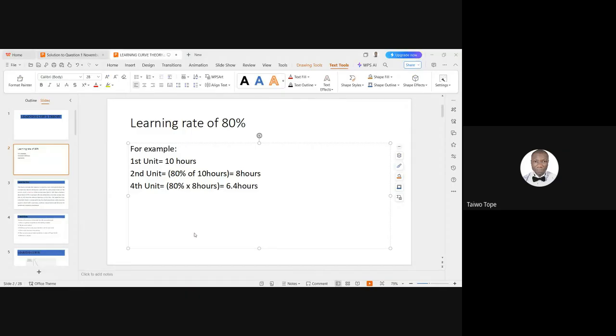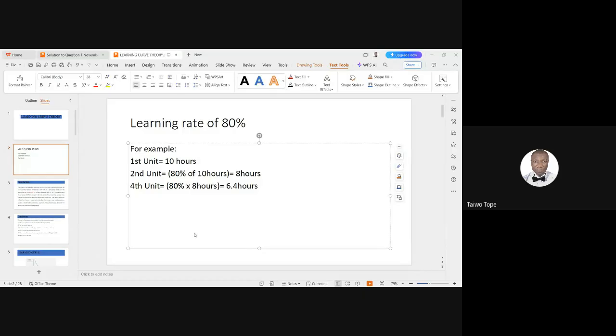So it is very useful because it helps us to predict future cost. In terms of labor rates, it can help us to predict future costs, and it can also help in setting prices more competitively, and it helps in budgeting and so on and so forth.